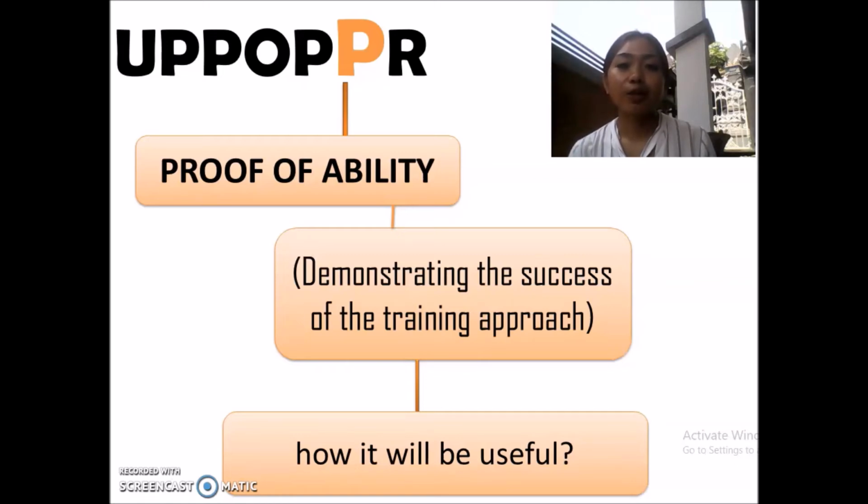It is concerned with demonstrating the success of the learning approach. In this case, you have to pay attention to the proof source, especially on how it is useful for the learners. The proof source is designed to help learners build confidence in their mind.